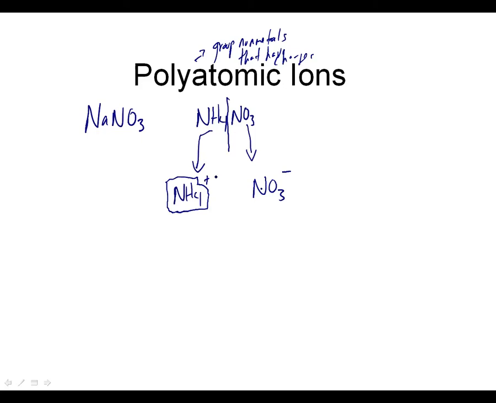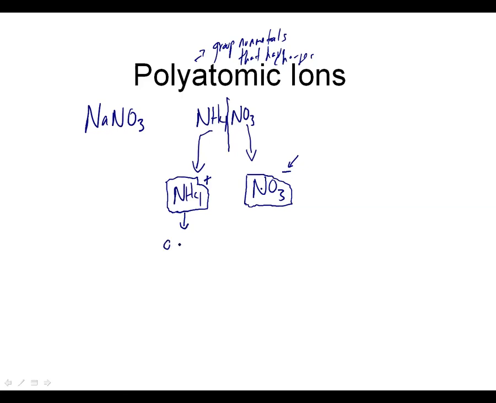And that entire unit only has a +1 charge. Same thing over here. This nitrogen and those three oxygens all again stay together as one unit. They have essentially only one type of charge, and that whole charge on that one nitrogen and three oxygens is that -1.